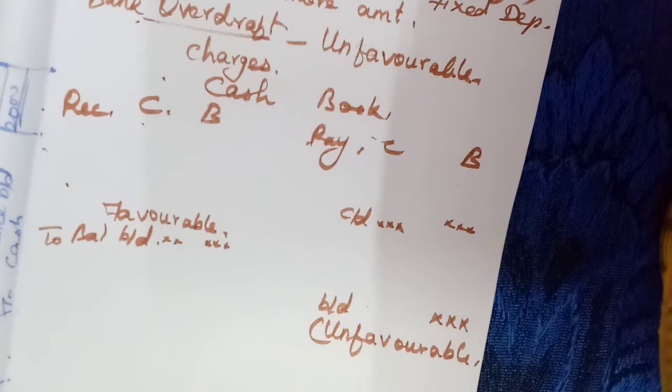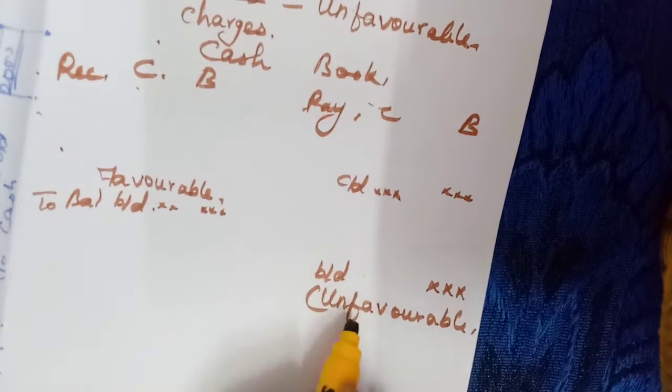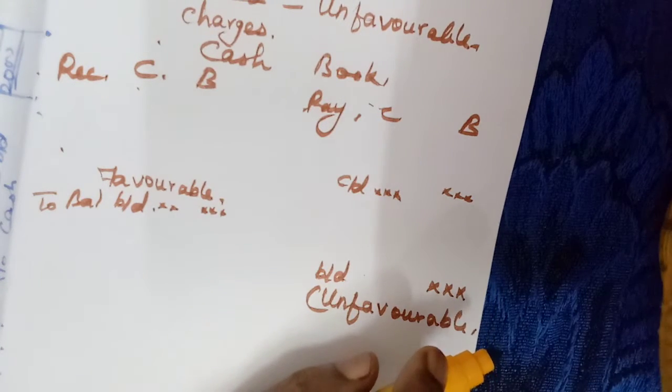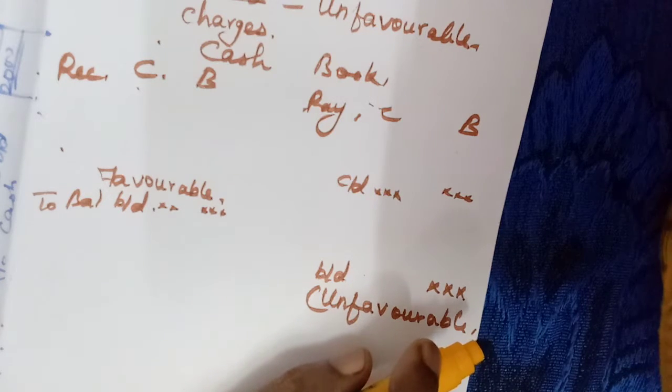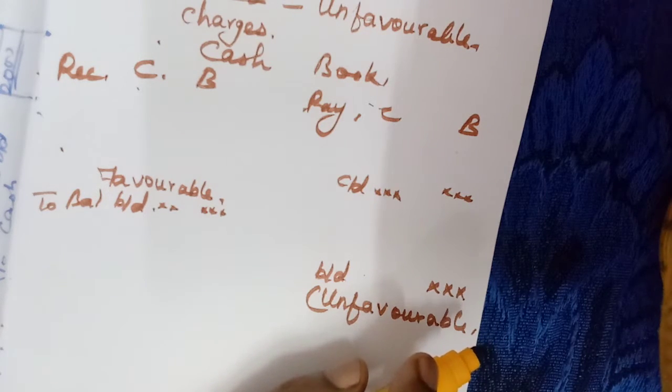Yes, because the bank column shows that amount, our account in the bank, isn't it? So business people are allowed to withdraw more amount than what is available in their accounts. So we can have unfavorable balance.